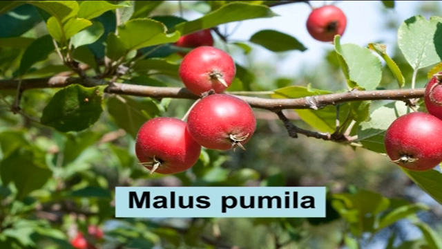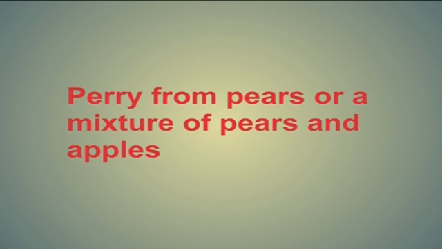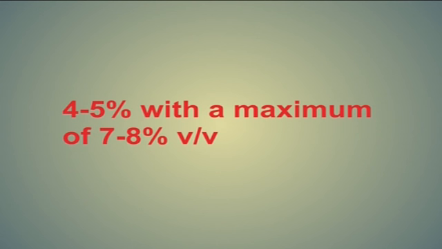Cider is derived from apples, Malus pumila, and perry from pears, or a mixture of pears and apples. They differ from other fruit wines in that their alcohol content is low, that is 4 to 5% with a maximum of 7 to 8% volume by volume, because sugar is not usually added.